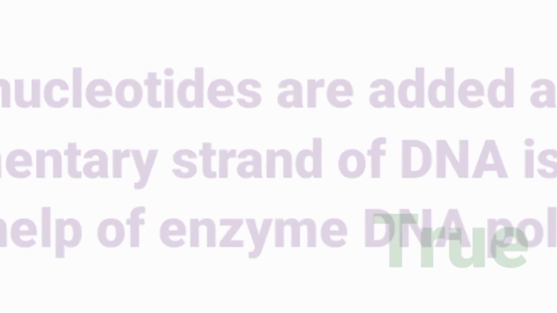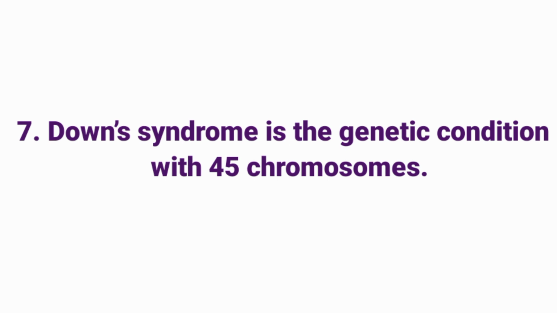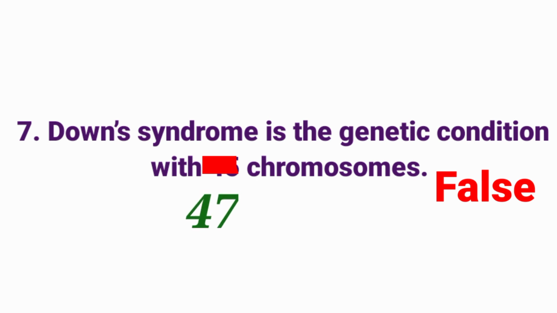Answer true. Down's syndrome is the genetic condition with 45 chromosomes. Answer false. The correct statement is Down syndrome is the genetic condition with 47 chromosomes.